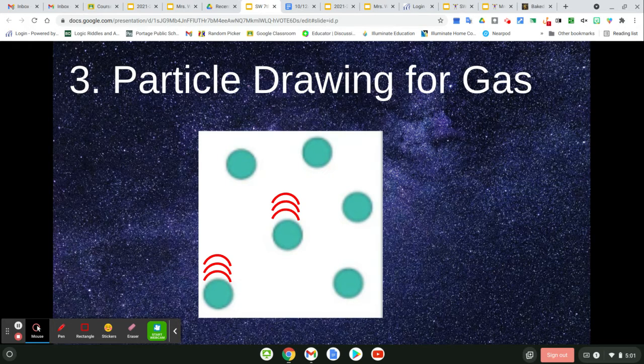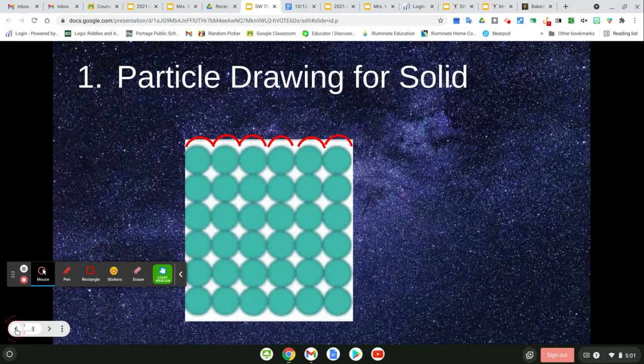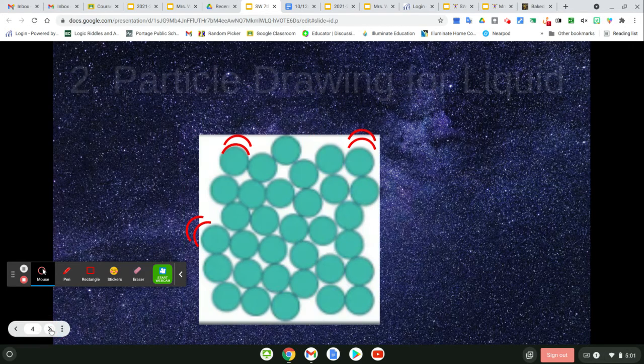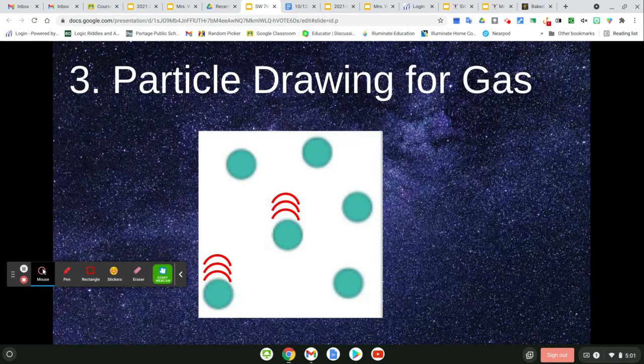In the same space as the liquid and the solid, I tried to make the boxes about the same size. We have fewer particles within that space because those particles are spread out more, and we just don't have enough room with all of that empty space between the particles. We just don't have as many particles within the same space as we did the liquids and the solids. All right, so that's gas.